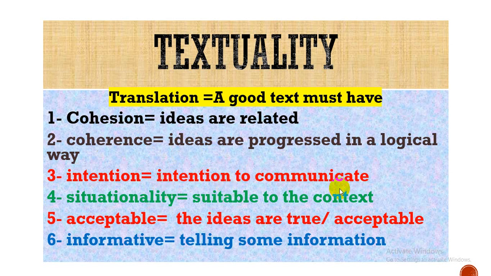So usually we have to select a certain situation. For example, in the two texts that we have discussed today, one of them is related to sport. So we have a situation, and this situation is connected to a certain context, the U23 competition.